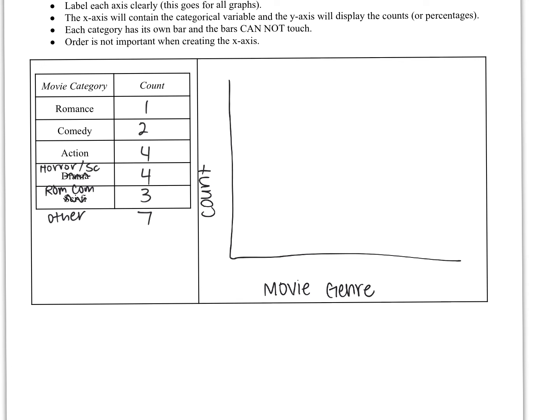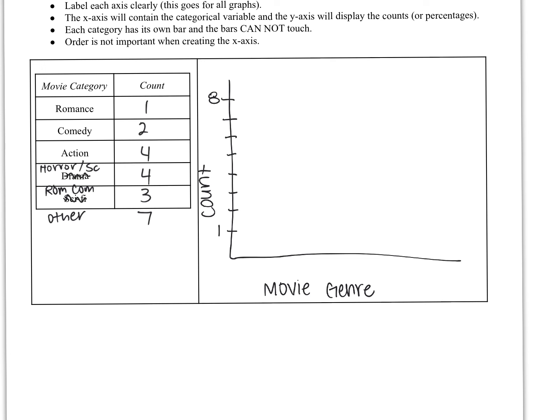Okay. I have to make sure my count goes at least as high as my biggest value. It can go higher than that, but it has to go at least as high, and you want to make sure you indicate the scale in some way. So whether that's labeling the first and the last number or labeling every 2 numbers, however you want to do it so that I know what your scale is.